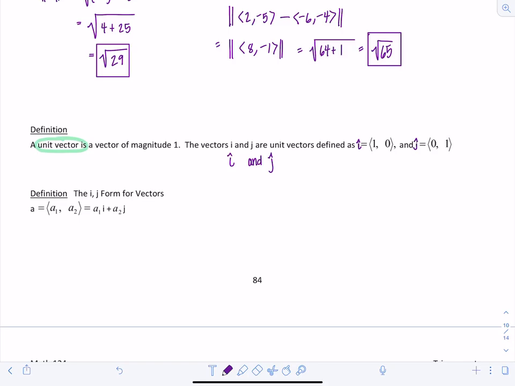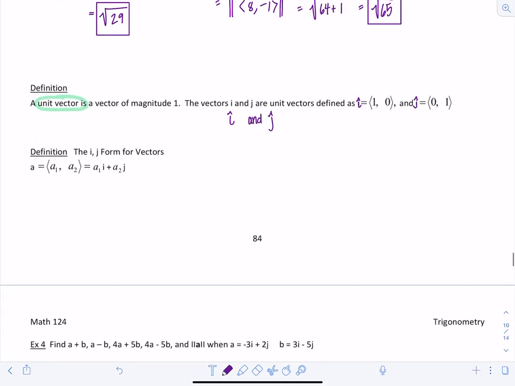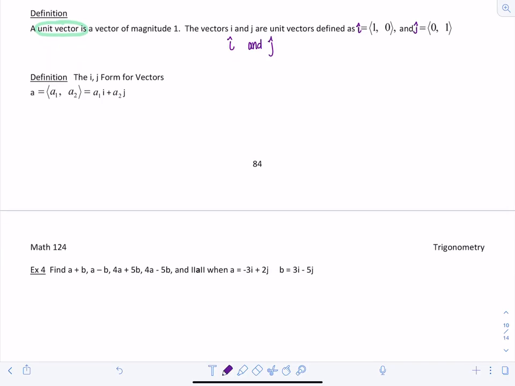Okay, and what this means is now you can rewrite any vector A1, A2 as A1 I hat plus A2 J hat. And if you want to see why, remember, if I start here, A1 I hat plus A2 J hat, I hat is defined to be the vector 1, 0. So I can write A1 times the vector 1, 0 plus A2 times the vector, well, what's J hat? 0, 1.